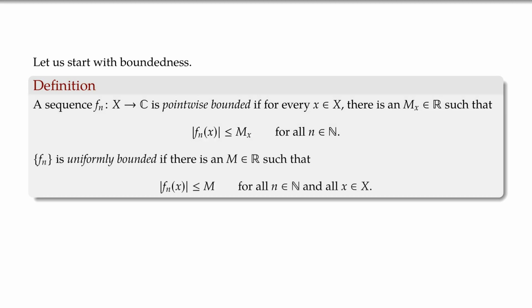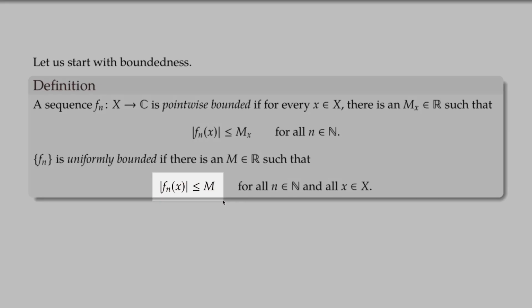Now, the sequence is uniformly bounded if you can find a single M such that the modulus of f sub n of x is less than or equal to M, so that you can bound the values of the function over all points in the domain and over all n. So that would be uniformly bounded. It's really uniform over x.